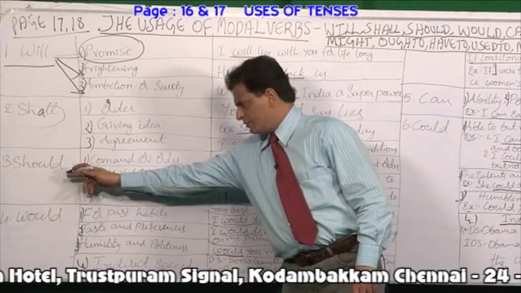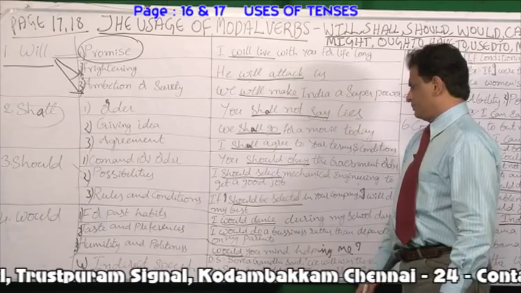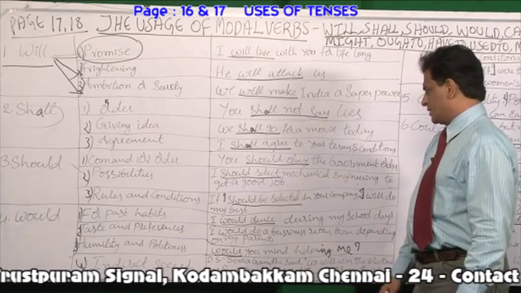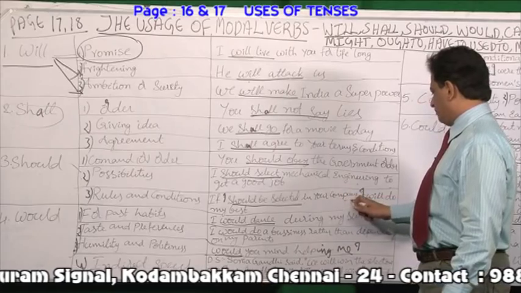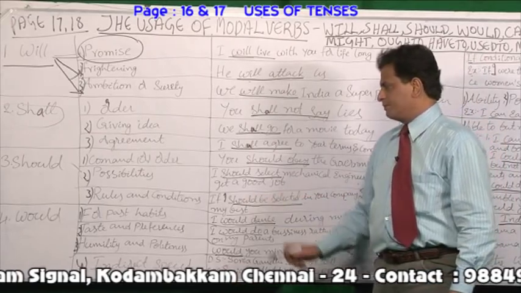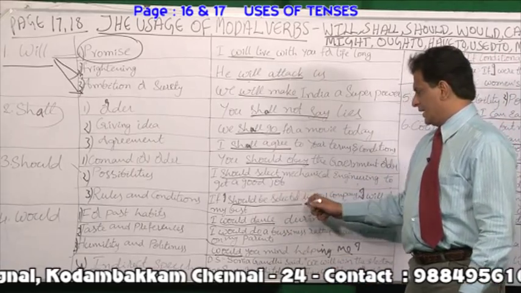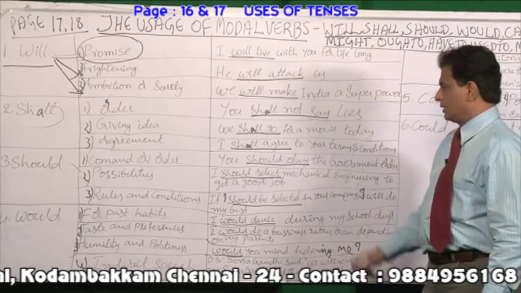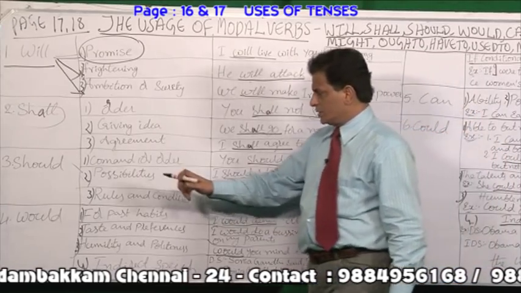Number third place where you use should is for rules and conditions. If I should be selected in your company, I will do my best. So, for rules and conditions also you are using this should.